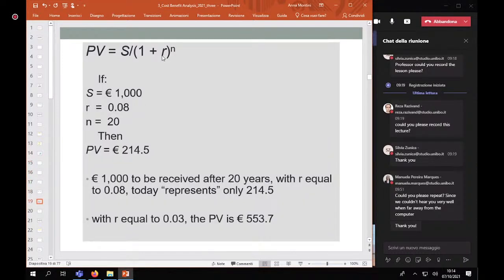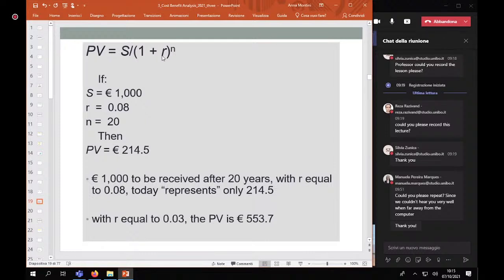Okay? So, the ethical position with respect to the choice of the discount rate is a possibility, but usually it is not considered, because if you have a cash flow and you have to calculate the net present value, which is the most important indicator to calculate the net benefit of your cash flow, it is very difficult to consider a situation in which you can use a discount rate equal to zero.